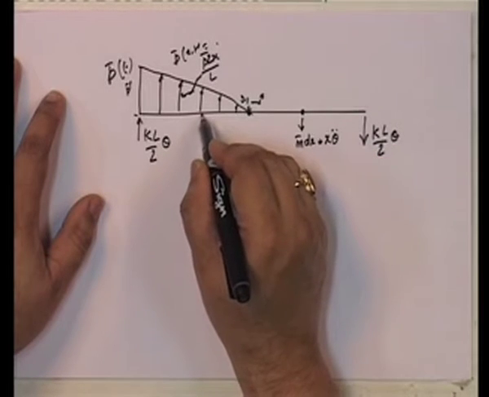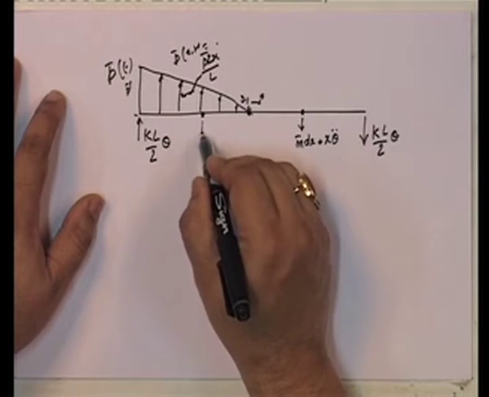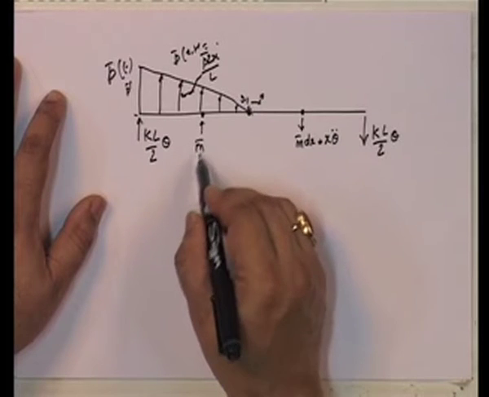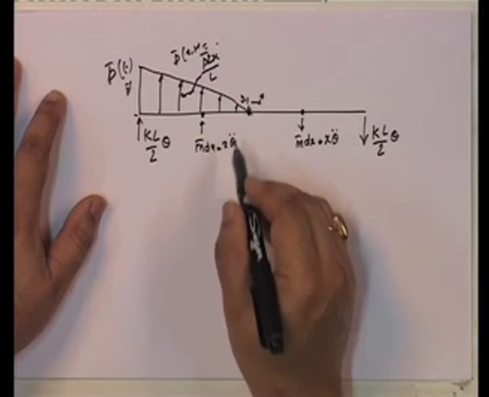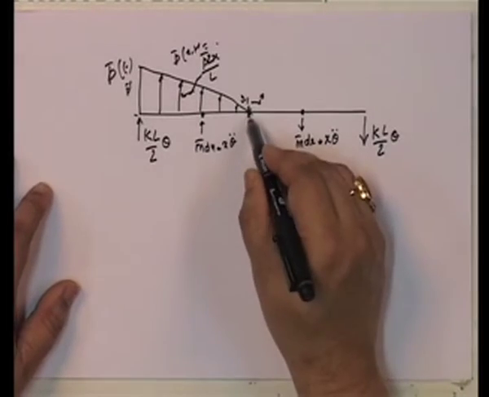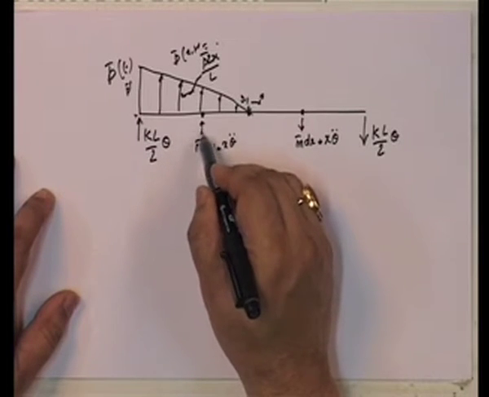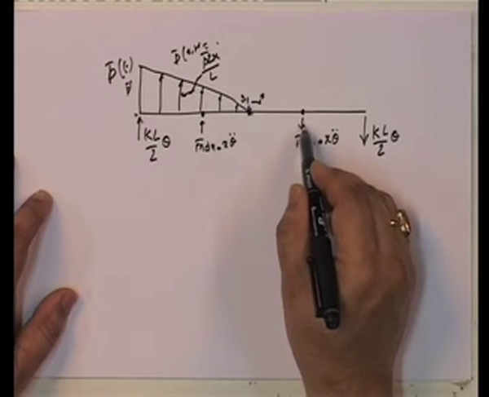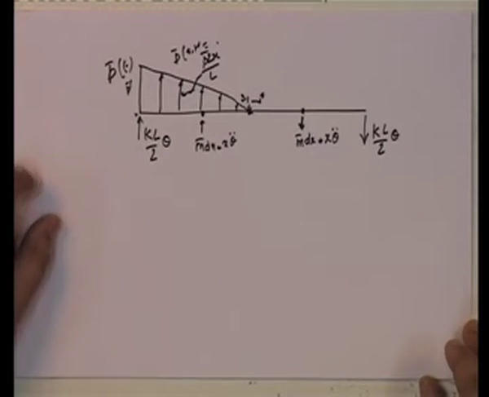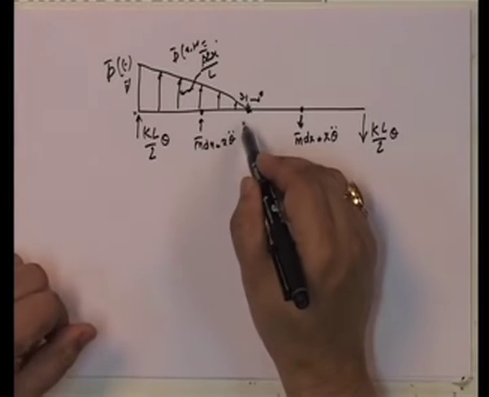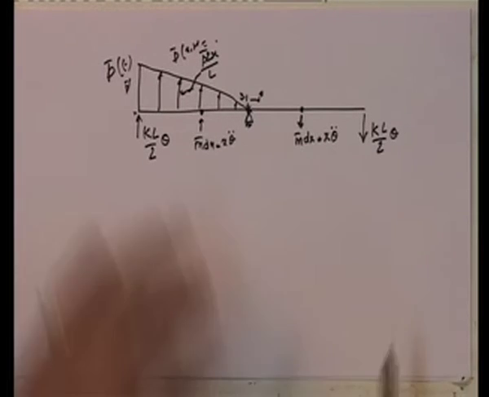And in this direction, since this is going down, this is going to give rise to m bar dx into x theta double dot in the opposite direction. So, understand that from here to here the inertial forces are upwards, and from here to here the inertial forces are downwards. This is a very important point to note, because this is rotating about this point.